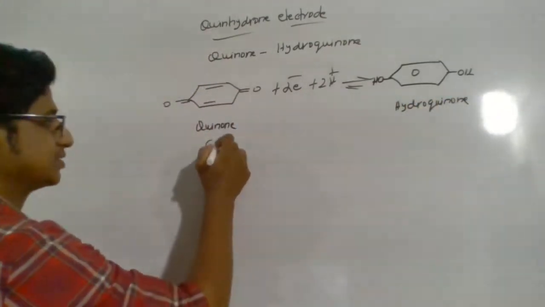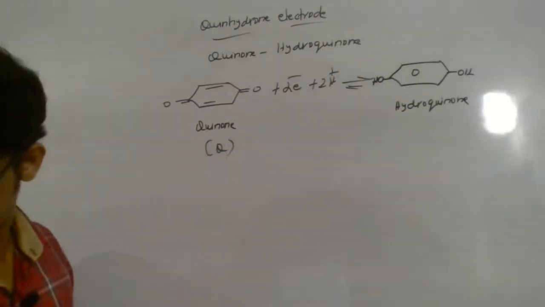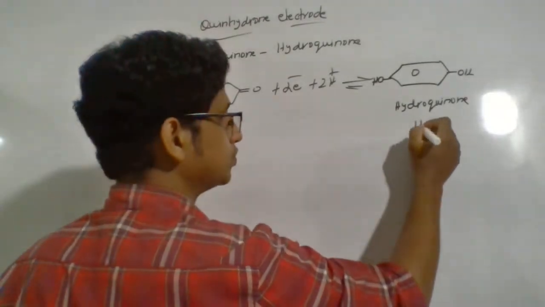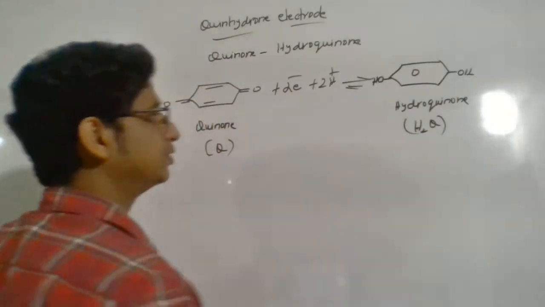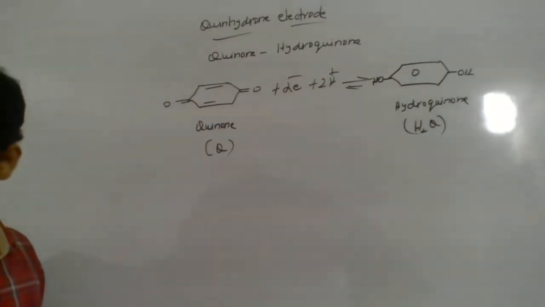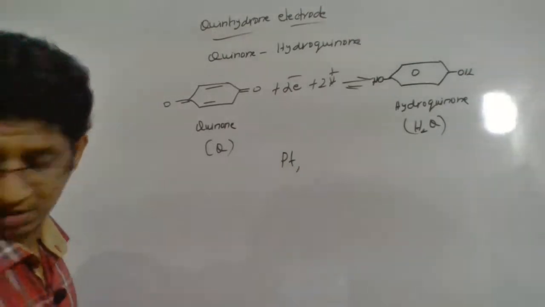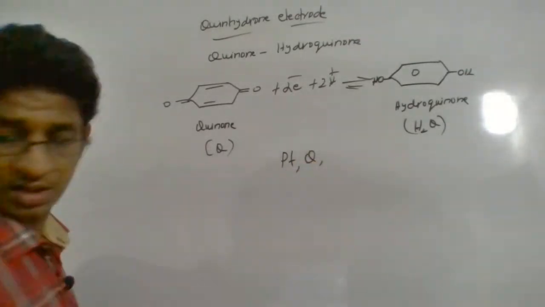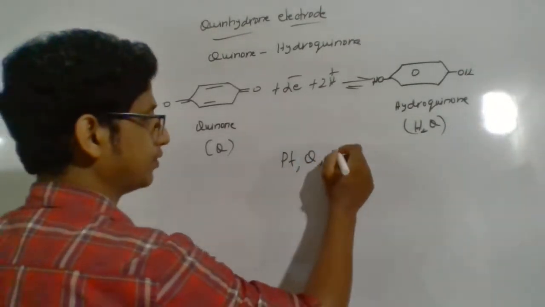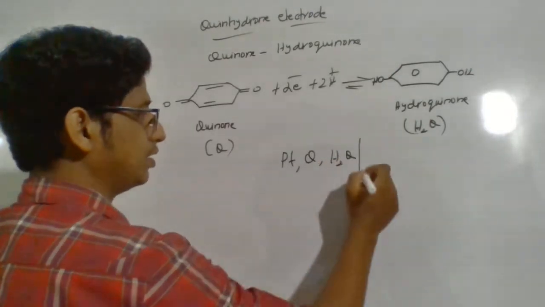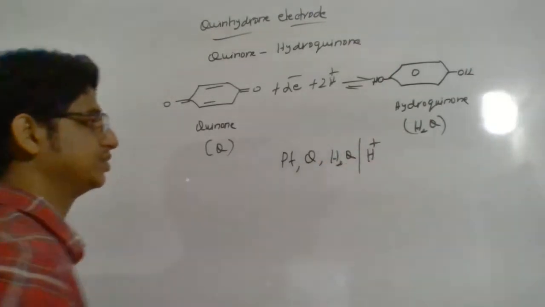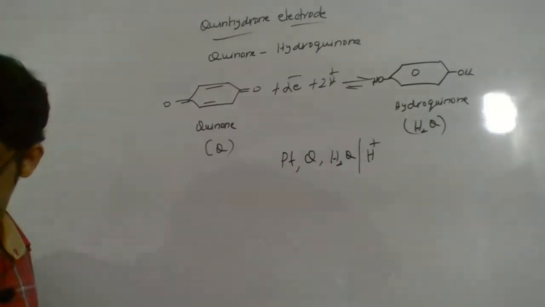You represent quinone as Q and hydroquinone as H2Q. So how can you represent this electrode? An inert platinum electrode which is in contact with the quinone and hydroquinone in an acidic solution, H plus will be there.